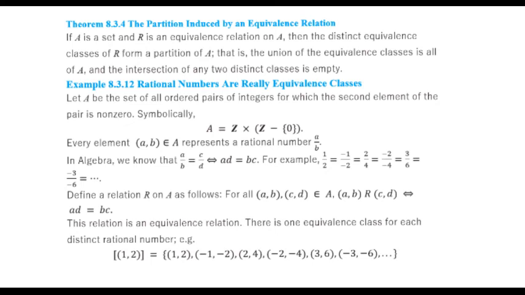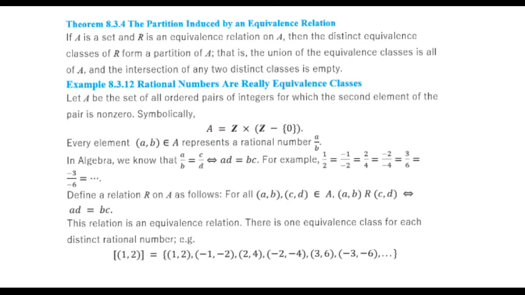You remember rational numbers were defined in the following way. We say a divided by b is a rational number if both a and b are integers and b is not zero. Here we have a similar thing. We say (a, b), which is an ordered pair, belongs to A if a is an integer and b is an integer and b is not equal to 0, because we exclude 0 from the codomain of A.